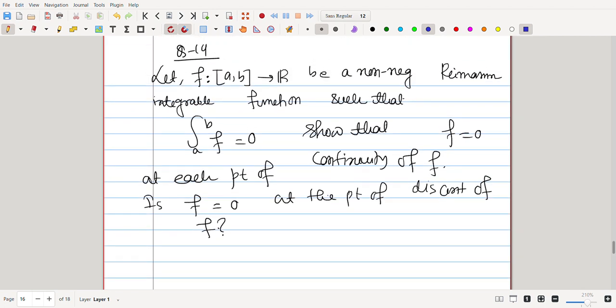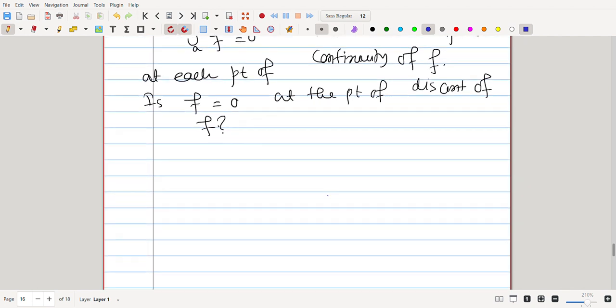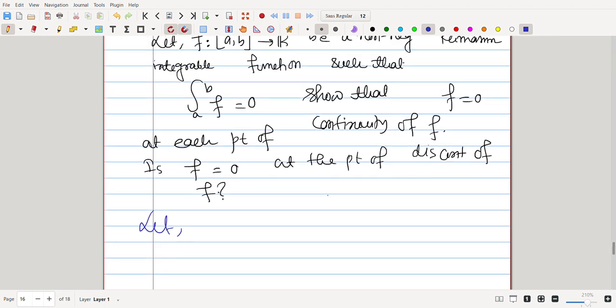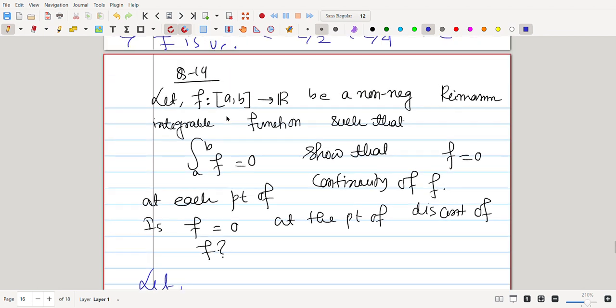Now the last problem. Let f from closed interval a b to R be a non-negative Riemann integrable function such that the integral from a to b of f equals 0. Show that f is 0 at each point of its continuity, right? So without loss of generality, I assume that f is continuous at some interior point. If f is continuous at a and f is continuous at b, you can show it in the same way.